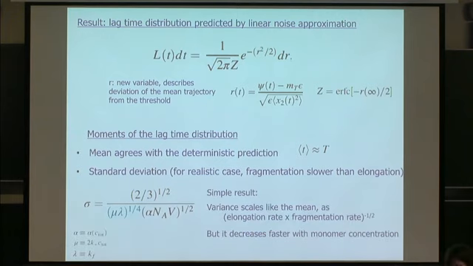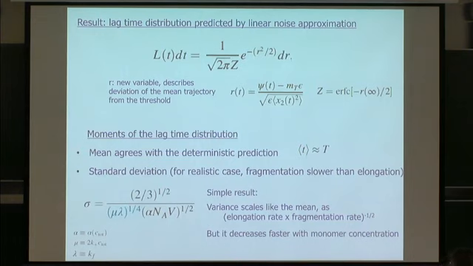And this is sort of interesting because what it says is the variance, which is sigma squared, scales like the mean in terms of the parameters. So we remember that the mean lag time scaled as 1 over the square root of mu times lambda, and so does sigma squared here. But it has a different dependence on the monomer concentration, because it's got this factor of alpha to the half, or alpha for the sigma squared, and alpha is a nucleation rate, and it has its own dependence on the protein concentration.